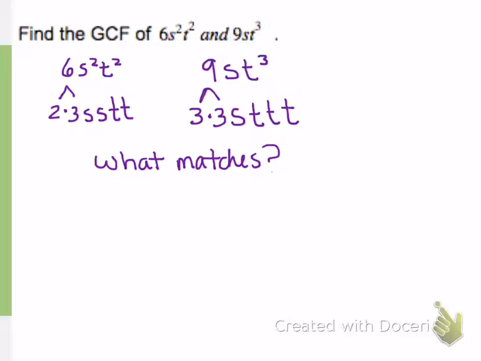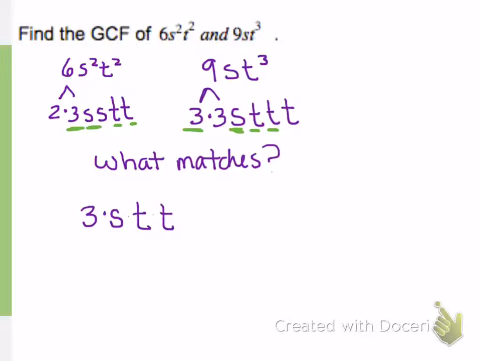They both have a factor of 3. So I'm going to write down a 3 for GCF. And they both have a factor of s, so I'm going to write down a factor of s. They both have 2 t's, so I would write down 2 factors of t.